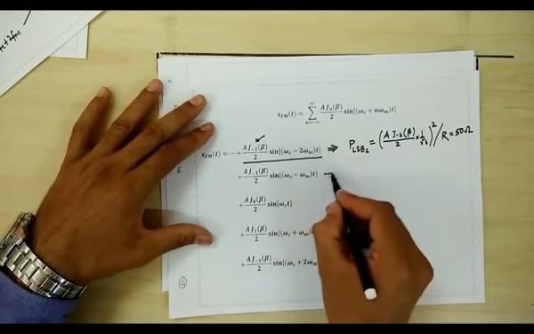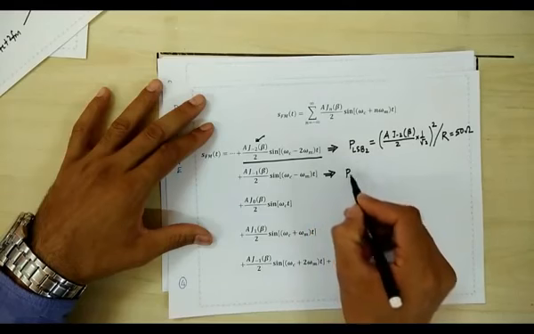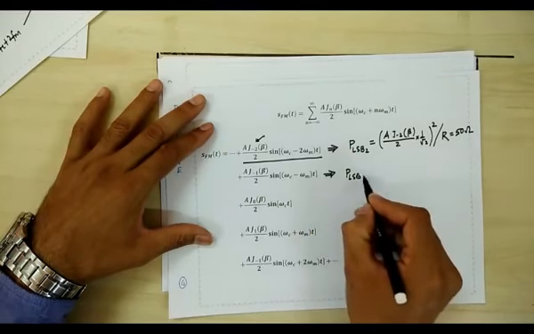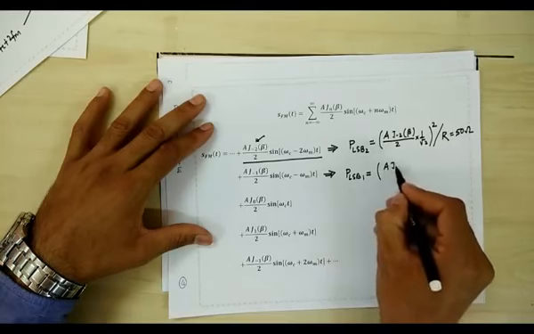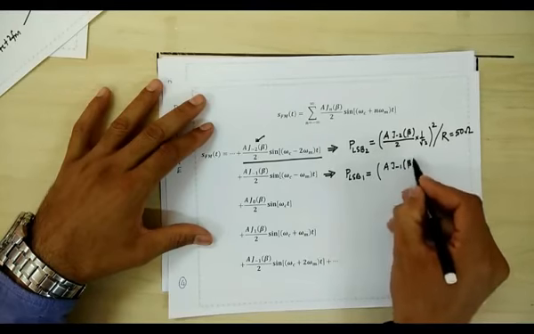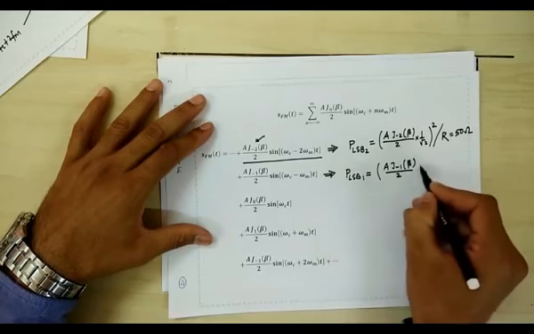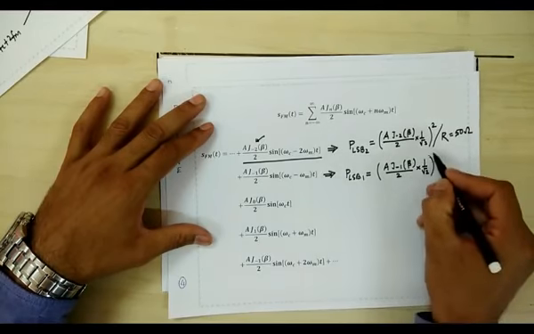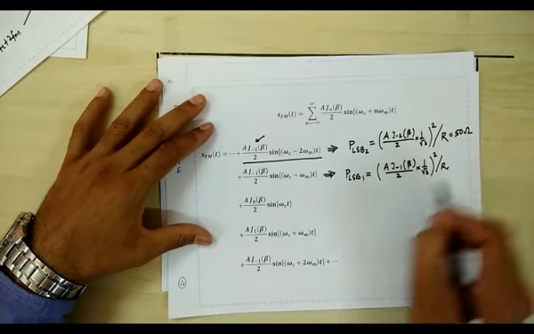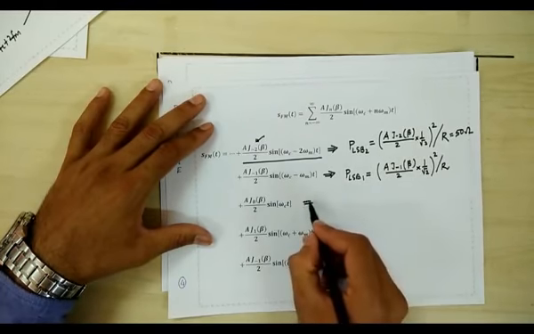If you find out the power in this sideband, this is going to be PLSB1, which is equal to what? A J minus 1 of beta divided by 2, and to make it RMS value again, 1 upon root 2, square upon R. This is the first lower sideband power.